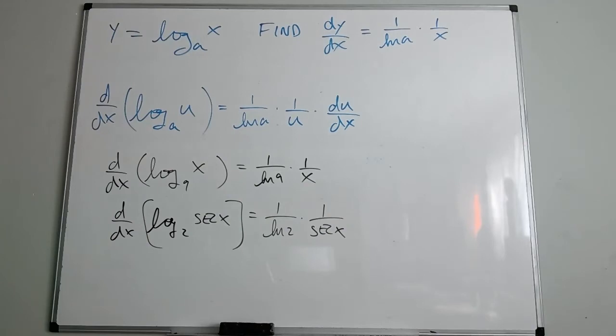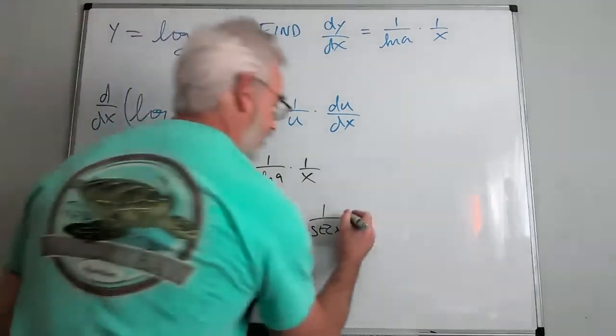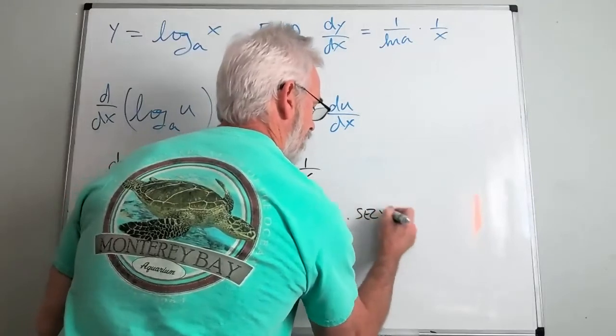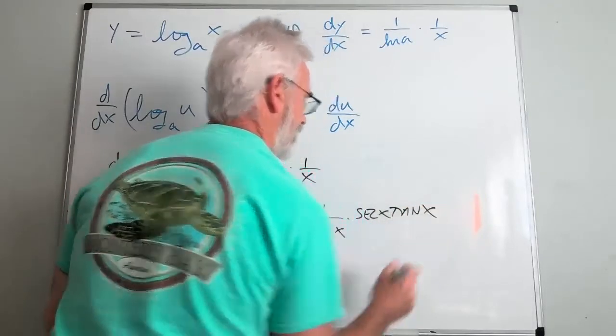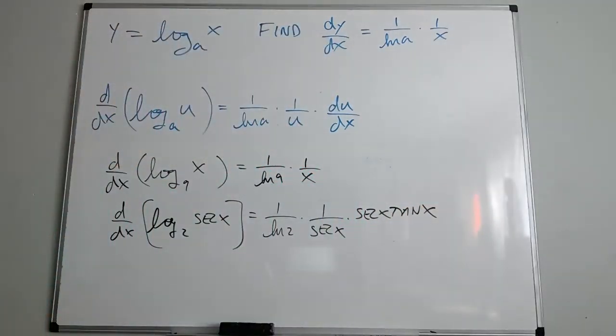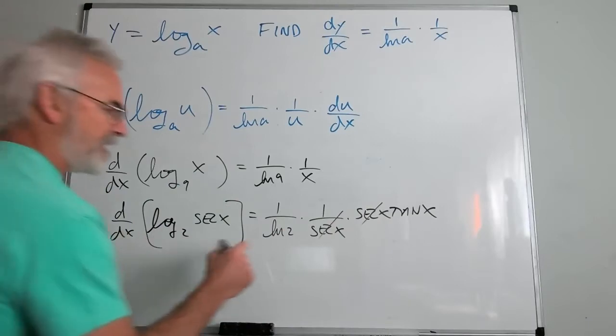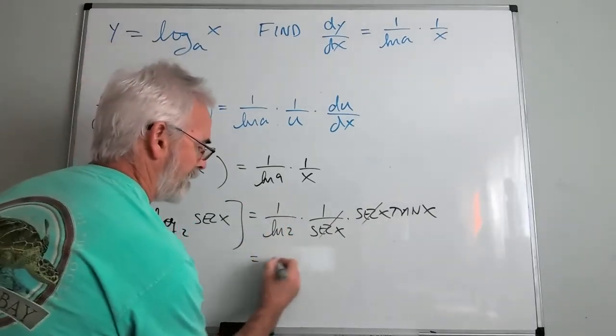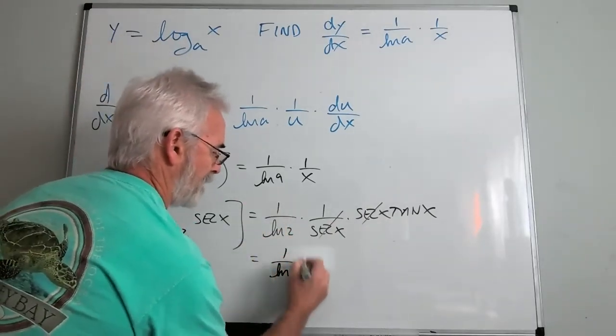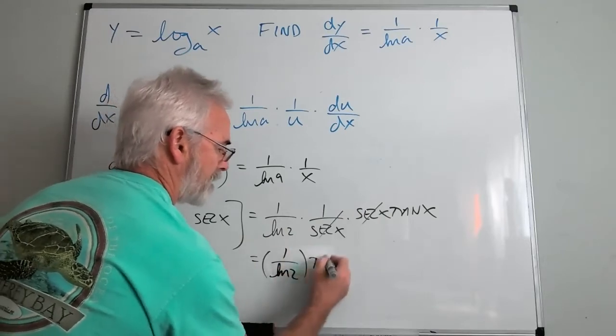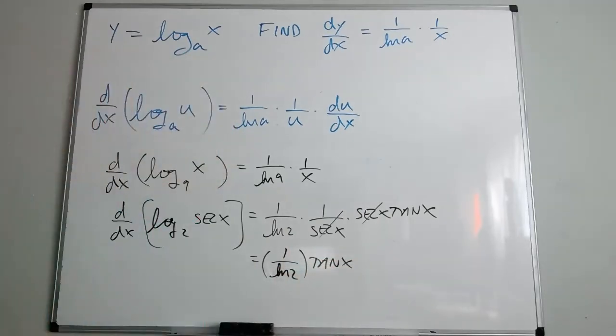At some point, I need to differentiate the secant of x. So times the secant x tan x. Well, now what? Well, clearly, you cancel those guys. Now, this is a coefficient, so it really should be in front. And that's the best answer I can give.